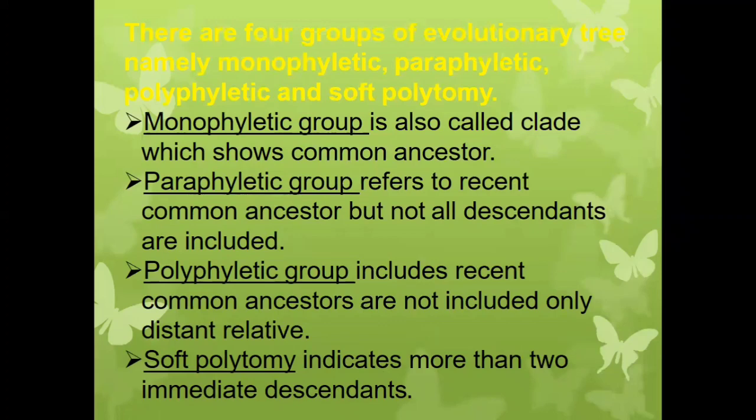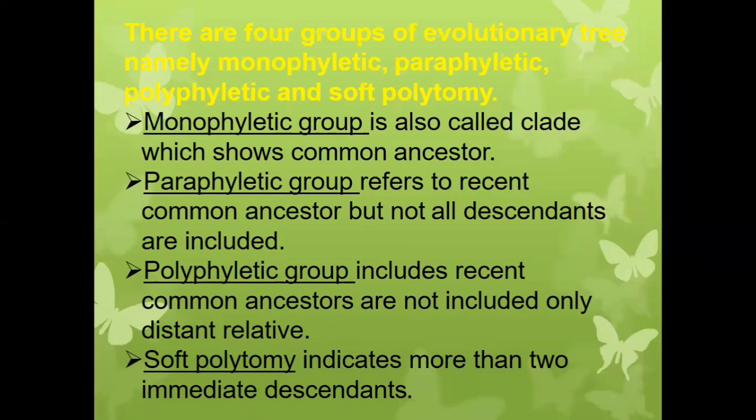Pag sinabi po nating monophyletic group, also known as clade, which shows common ancestors. So yung mono, kaya nga monophyletic group, meron silang common ancestor. Pag sinabi naman po nating paraphyletic group, it refers to recent common ancestor, but not all descendants are included.